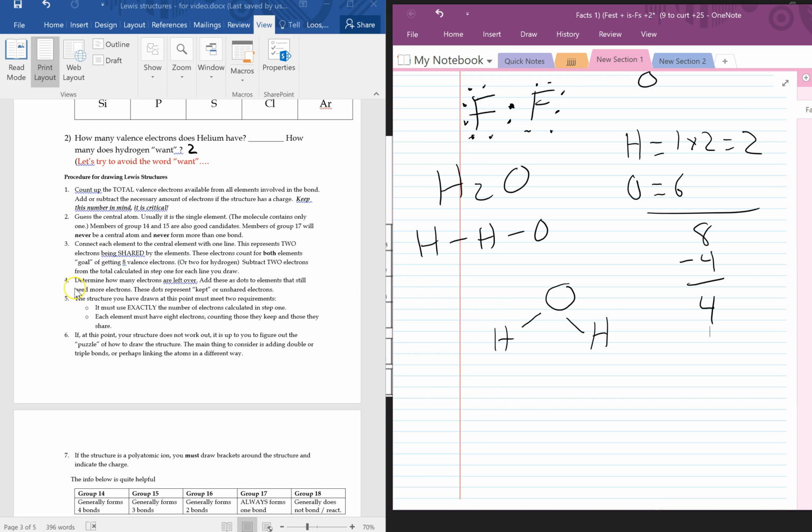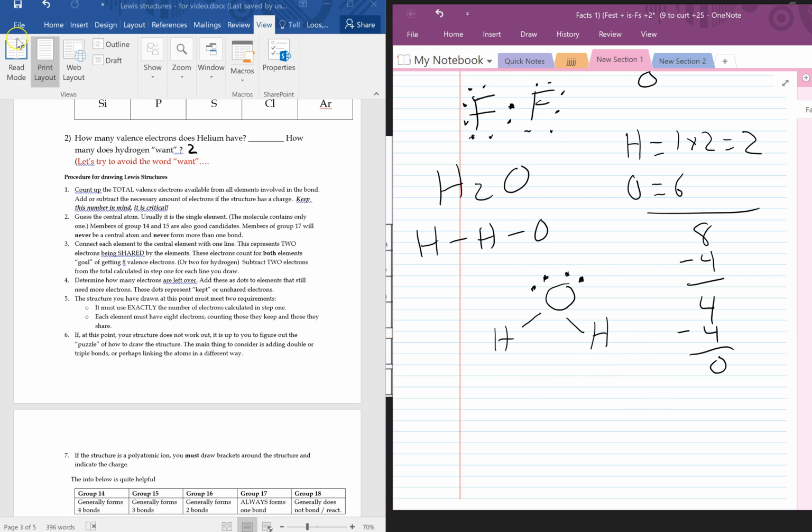So we're kind of working on step 4 here. Now one thing I could do is go ahead and throw all 4 of them here on oxygen. And the reason I'm doing that is because hydrogen, remember, only needs 2 electrons for stability. It already has those 2. We're never actually going to add additional dots or anything to hydrogen.